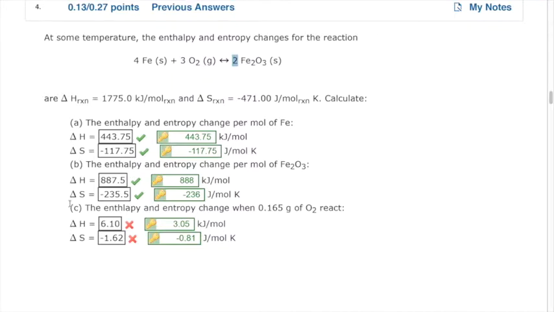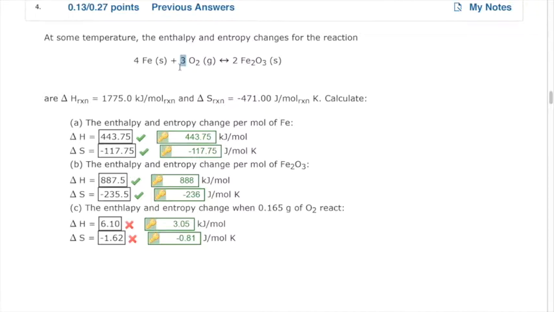C, however, asks us to give the enthalpy and entropy change per 0.165 grams of O2. Okay, so we have to do some stoichiometry here. We know that we have 3 moles of O2 per reaction, but this is a little more complicated because they're giving us a mass. We need to convert this to moles of O2 present, and then use this 3 moles O2 per 1 mole reaction conversion factor from the balanced equation.